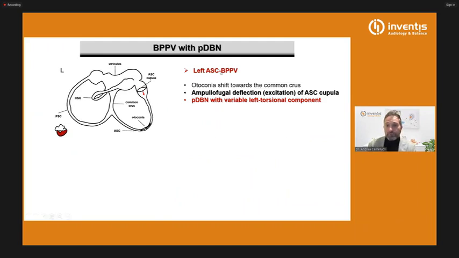This is a left anterior canal BPPV. So when we bring the patient in the Hallpike test or at the supine head-straight position, we have an ampullofugal movement of otoconia. They go away from the ampulla, so we have an ampullofugal deflection, so we have an excitation of the left anterior canal, and an excitation of the left anterior canal gives a positional downbeat nystagmus with left torsional component.